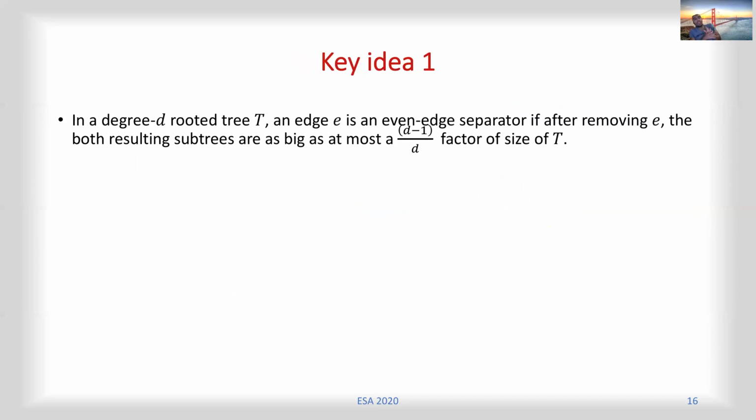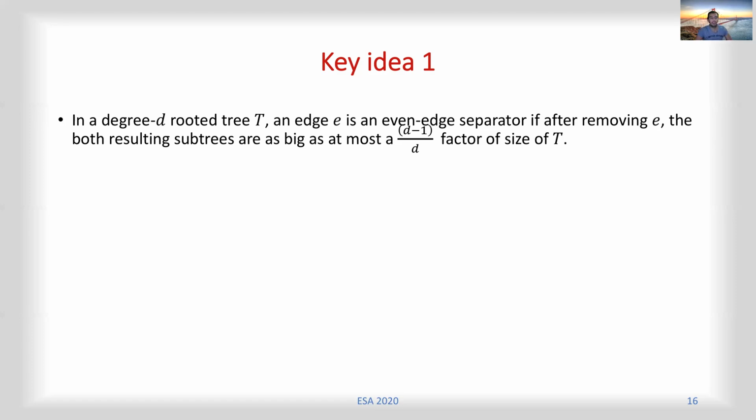Another key idea in our algorithm is the context of an even edge separator. We say that an edge e is an even edge separator if after removing e, both resulting subtrees are of size at most a (d-1)/d factor of the original size of the tree.